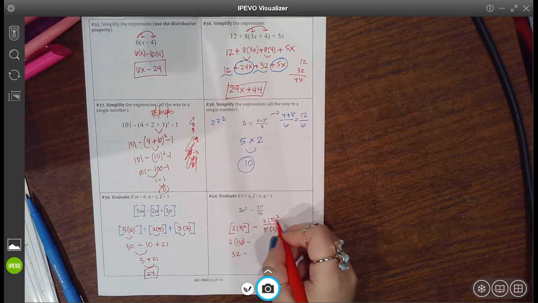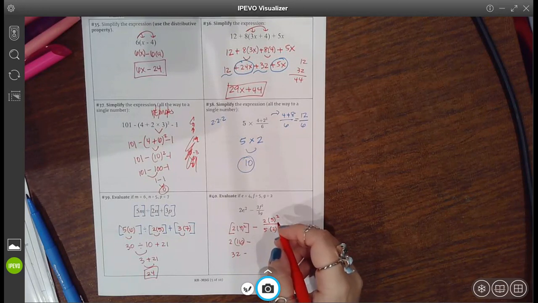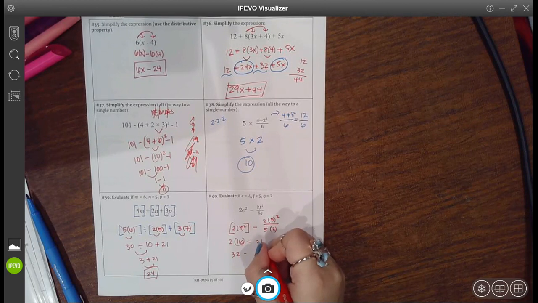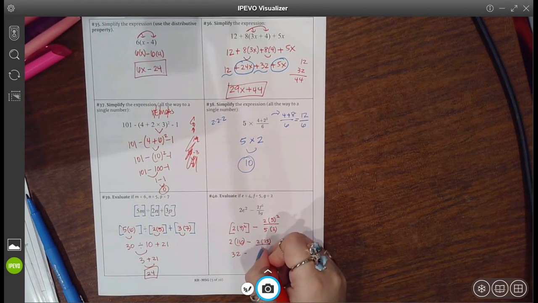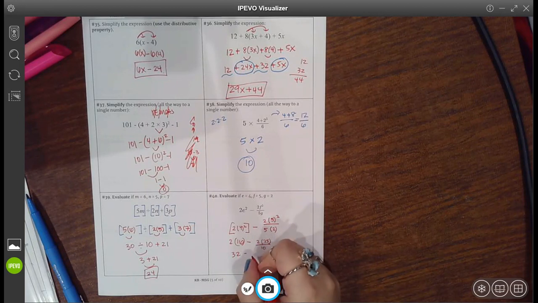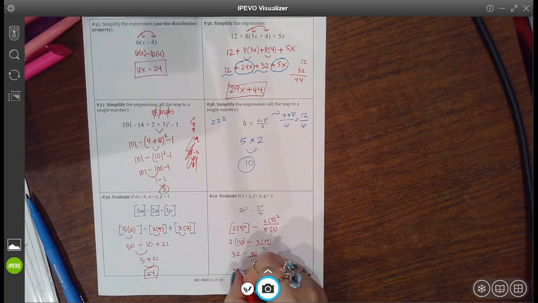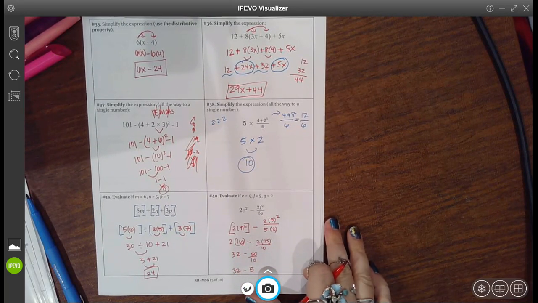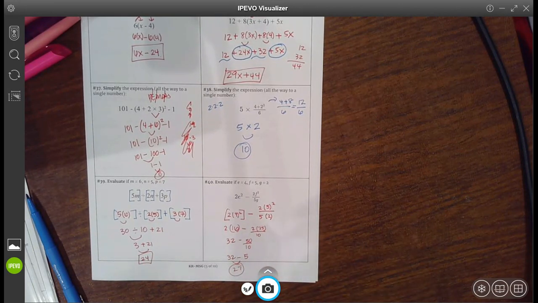Okay, well on top, you have 5 squared first, because remember, exponents before multiplication. So exponent, 25, so 2 times 25. And on bottom, 5 times 2 is 10. On top, 2 times 25 is 50 over 10. And 50 divided by 10 is 5. So you have 32 minus 5, which is 27. Done.